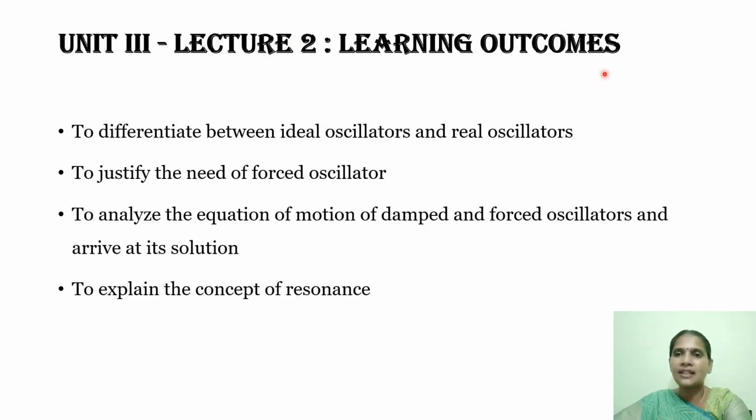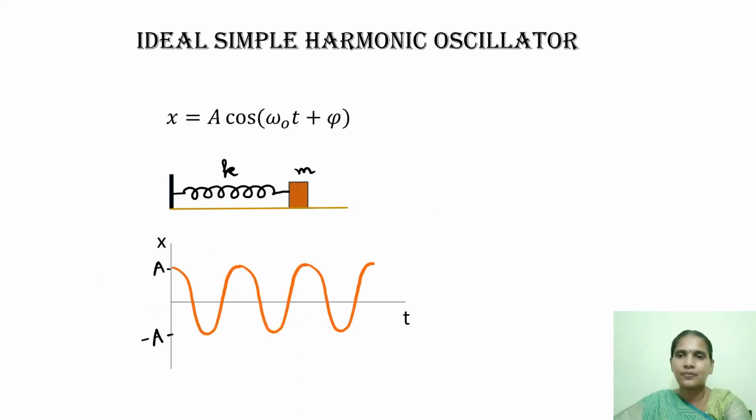At the end of this lecture, a student will be able to differentiate between ideal oscillator and real oscillator, justify the need of forced oscillator, analyze the equation of motion of damped and forced oscillator and arrive at its solution, explain the concept of resonance.